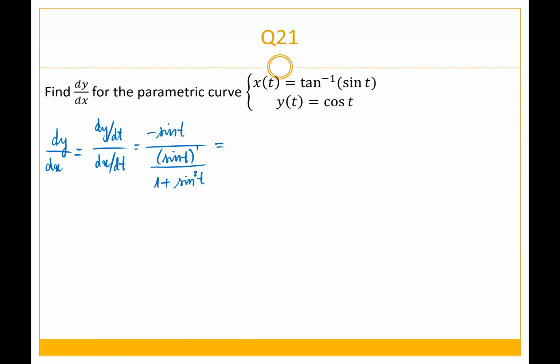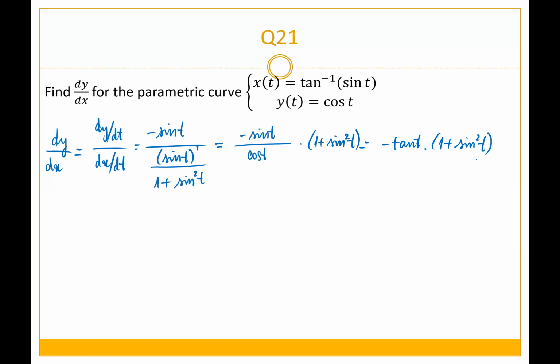That gives us negative sine t divided by cosine t multiplied by 1 plus sine squared t. It's going to give me negative tangent t times 1 plus sine squared t.